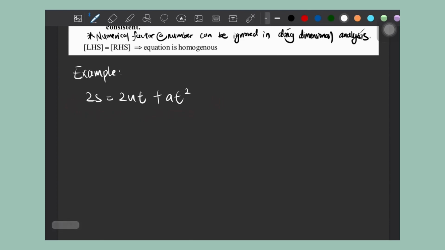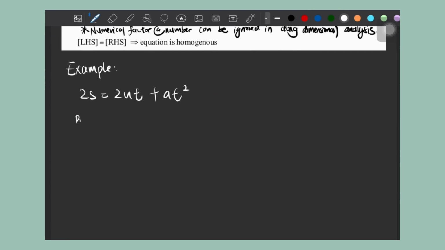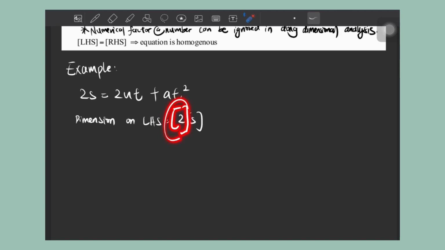So let's check the dimension of the left hand side. The dimension on the left hand side will be [2s]. We cannot put a bracket on 2 because 2 is not a dimension. 2 is a numerical factor, a number that cannot be put in square brackets to denote a physical quantity.